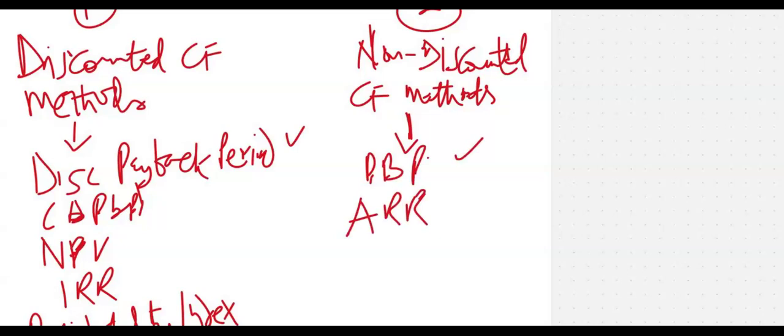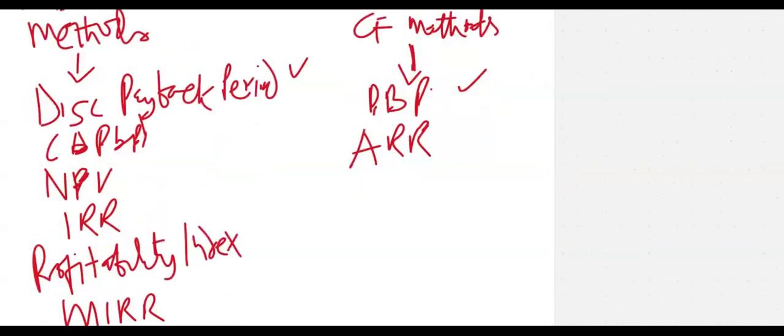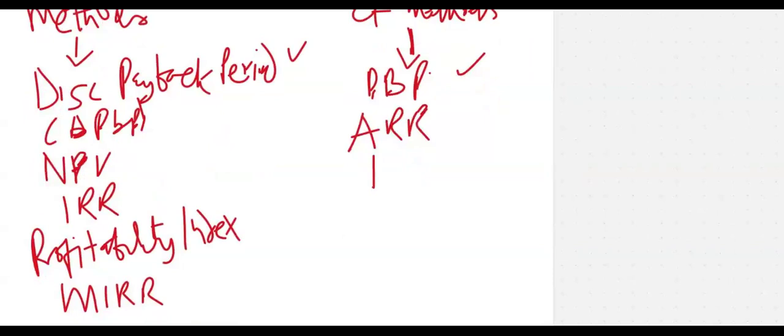And we have the return on capital employed, which is the rules. Then we have the return on investments. Okay, so let me cover only these non-discounted cash flow methods.